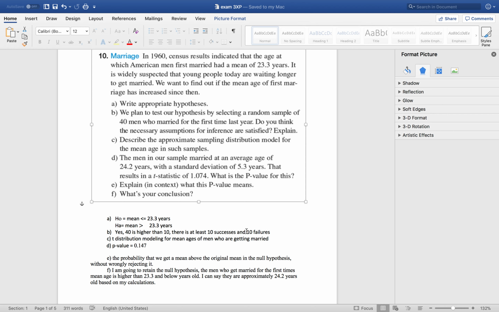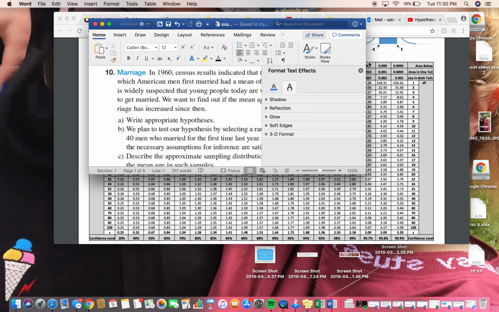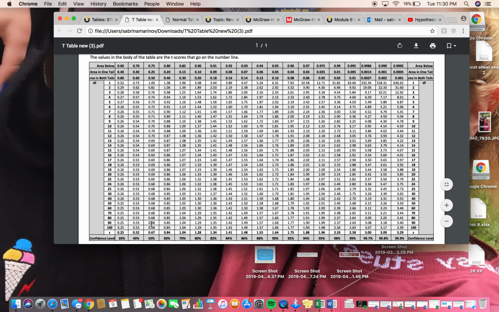So, how I got my p-value? I watched this in one of the videos. I took my t-statistic of 1.074, and then I went to a t-table, found the value closest to it, which would be right here, and then I went out. That's how I got my number.